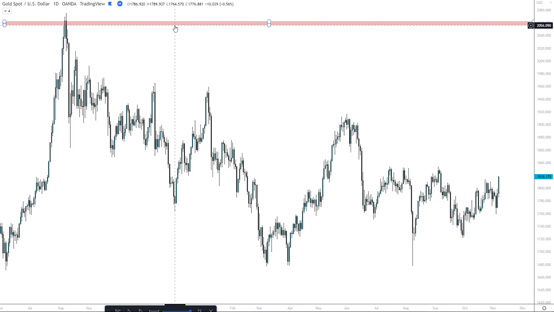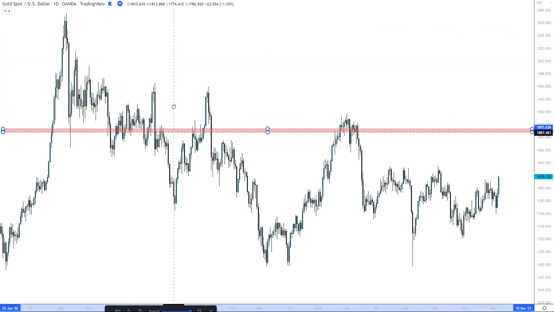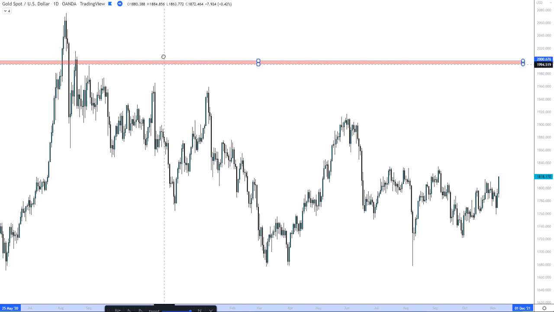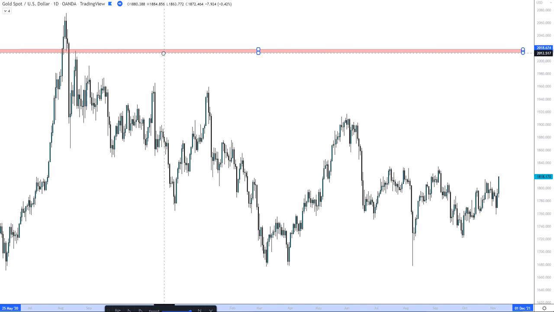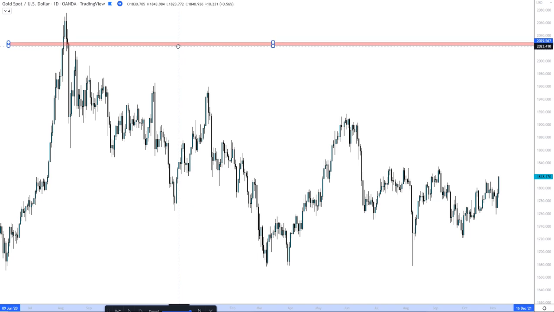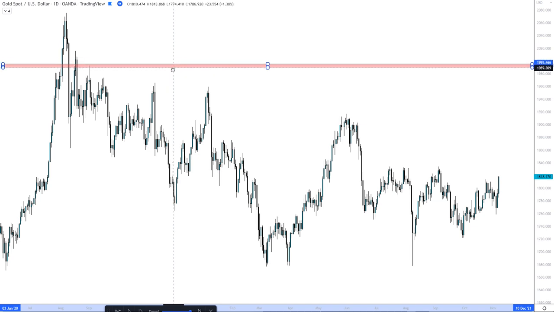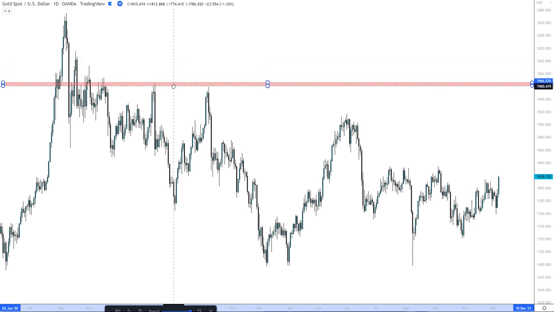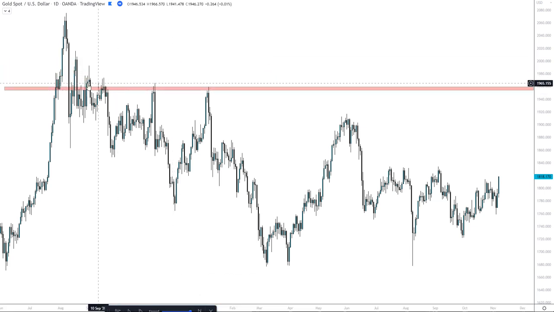Then all you want to do is basically come down the chart until you find an area where price is respected quite a few times. Now, you can maybe go off two. Obviously, three is better, but it just depends on how big the reactions were. So if I'm coming down here, I want to stop where price seems to have been respected quite a few times.